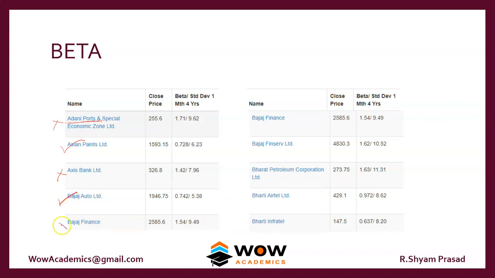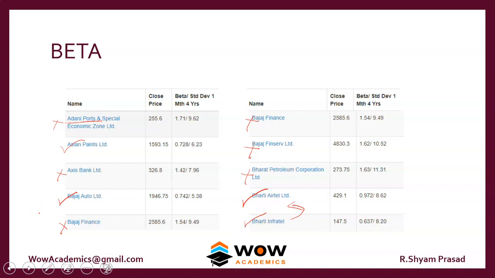Finance companies like banks always fluctuate in their income and profit. Bajaj Finserv also fluctuates, it's a finance company. Petroleum companies also fluctuate because the crude oil price fluctuates. Airtel will not fluctuate because the total number of calls we make and the time we speak is usually stable. Bharti Infratel is an infrastructure company supporting Bharti Airtel, so it also won't fluctuate.